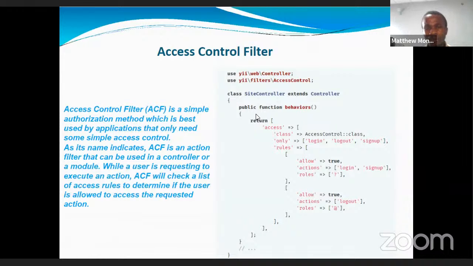What it does is this: the moment you access the controller, the behavior will be able to check how much access you have to use this website. That is where access control comes in. You can see in the return statement in the function, you notice what we call an associative array. Yes, the name is access. Then we see in the array, we have the class, we have only, we have rules.